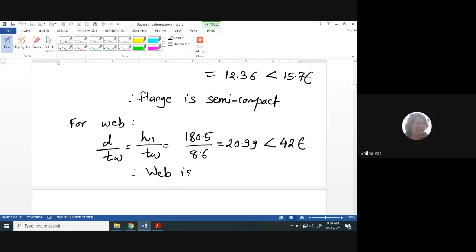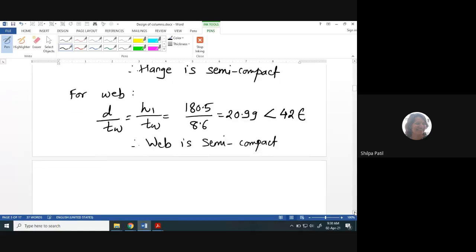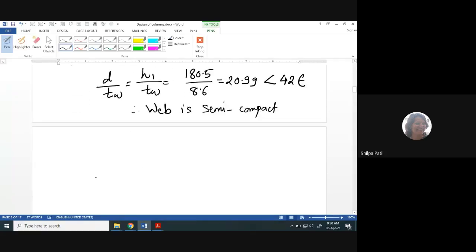So web is also semi-compact. So what is the overall class of the section? Semi-compact. So the section is semi-compact.